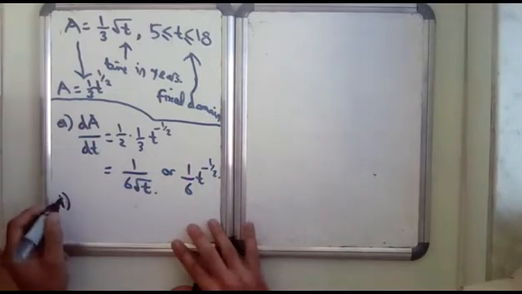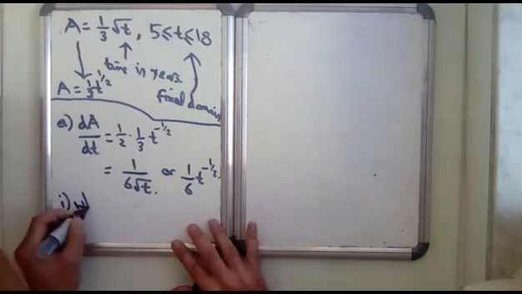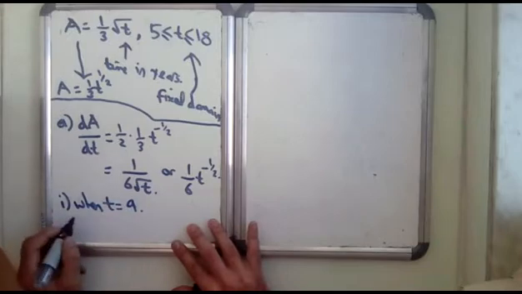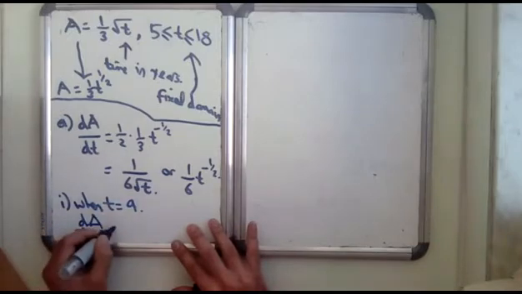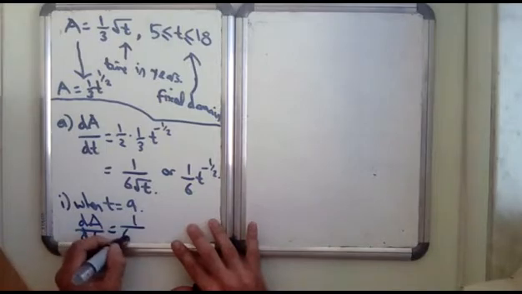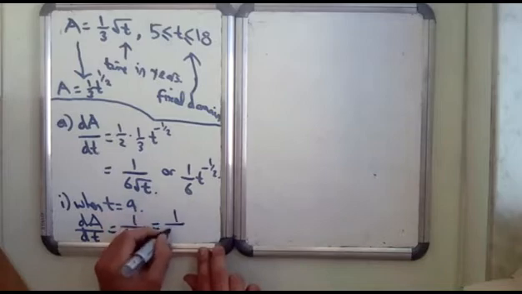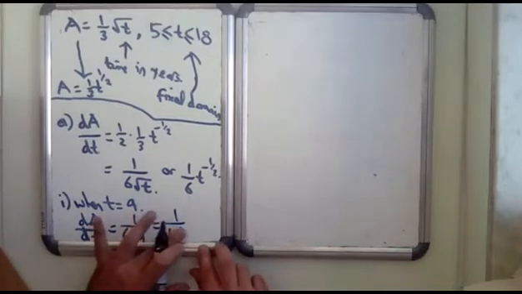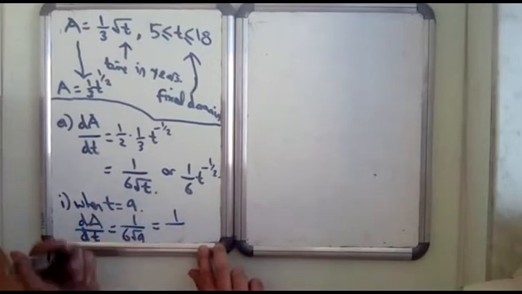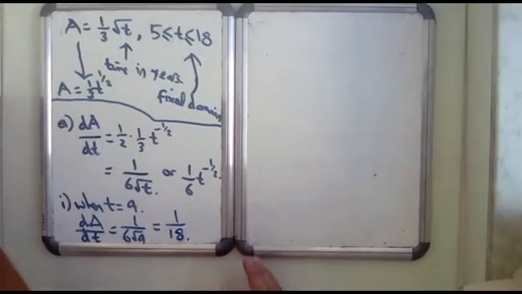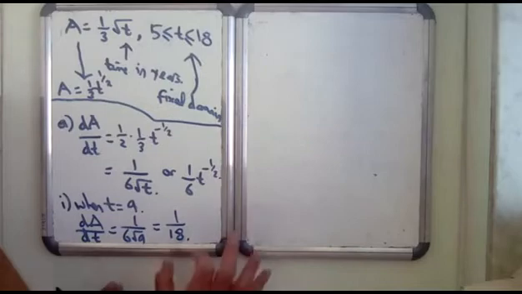I'm probably going to use both of these again. So for part 1, when t equals 9, what is dA by dt? dA by dt equals 1/6 root 9 equals 1/6 times 3 equals 1/18. So as we wanted, it is positive, so it indicates improvement. I can't give it units, I find that quite annoying, but I guess it's 1/18 units of ability per year.